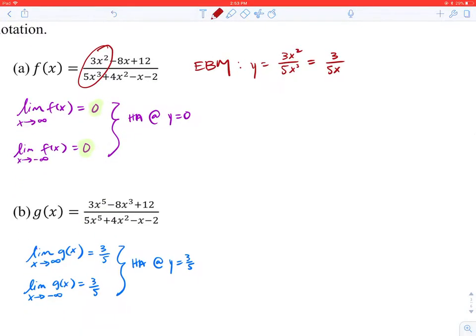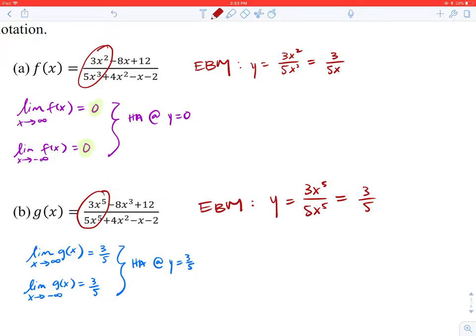Our end behavior model for g of x is going to be the ratio of the terms with the largest exponents. So we would have y equals 3x to the 5th over 5x to the 5th, where those x to the 5th cancel, so we end up with 3/5. Our end behavior model in this case is a horizontal line at y equals 3/5.